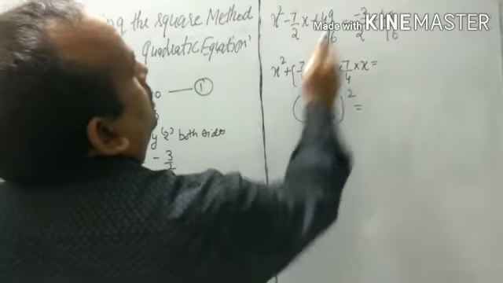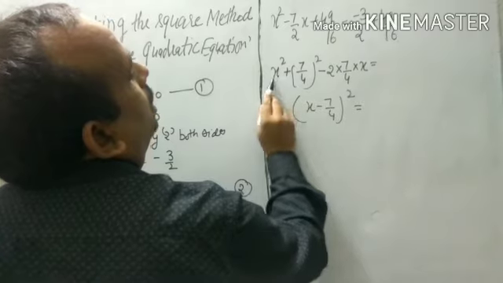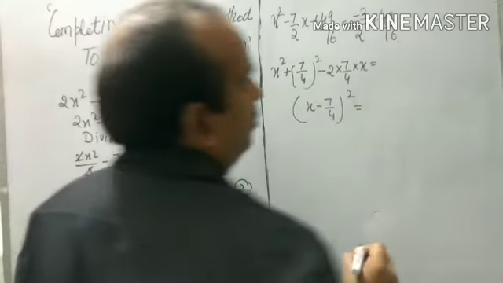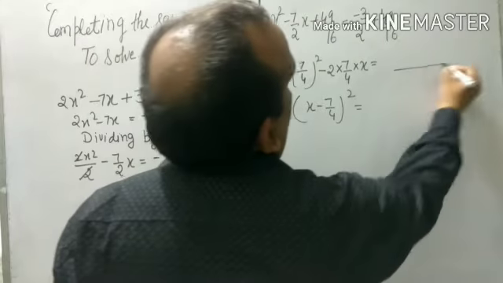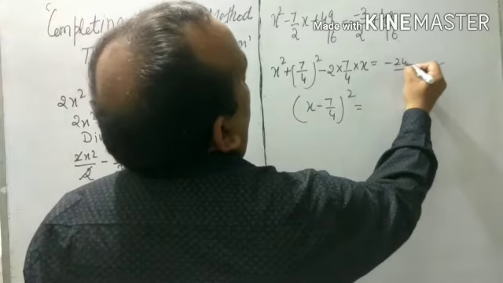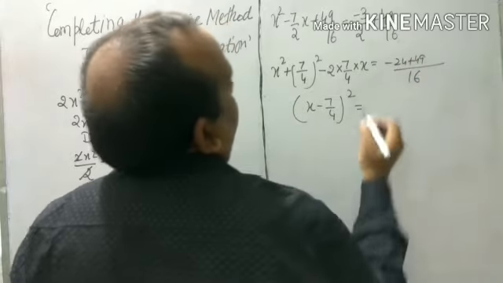This is x square, this is the square of 7 by 4, a square plus b square minus 2ab. It makes a formula. And if we solve this side, 16 is the LCM, minus 24 plus 49.